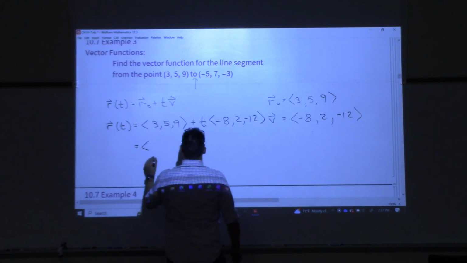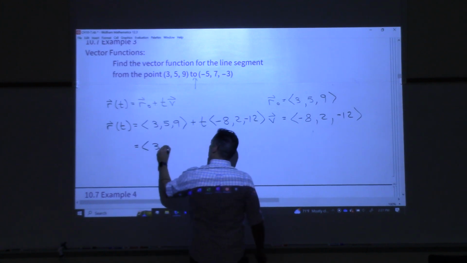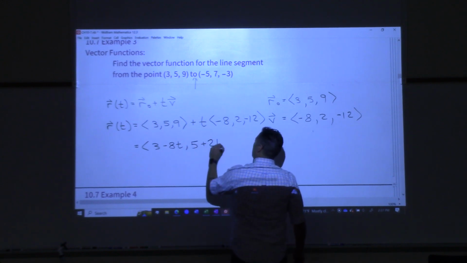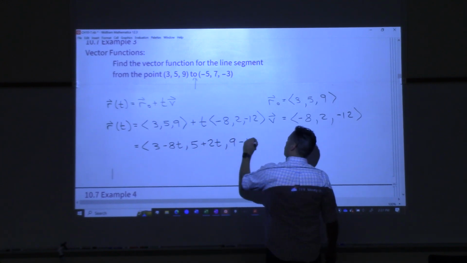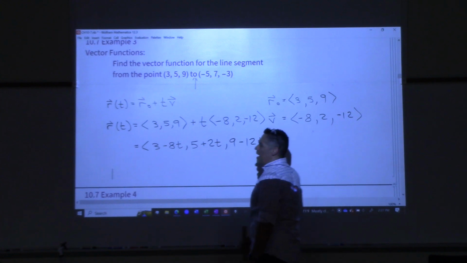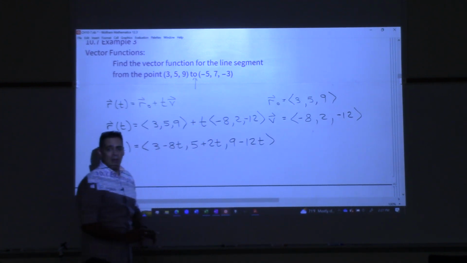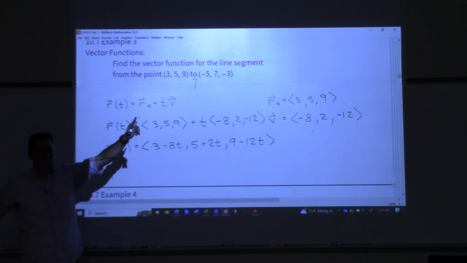If I put those together, I get 3 minus 8t, 5 plus 2t, 9 minus 12t. And that is the vector equation of the entire line, isn't it? That draws the entire line.